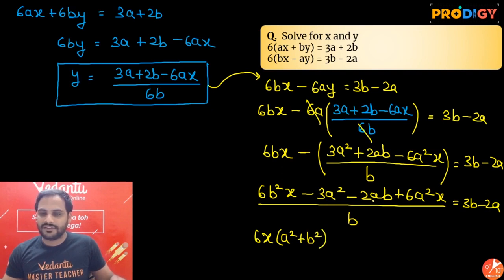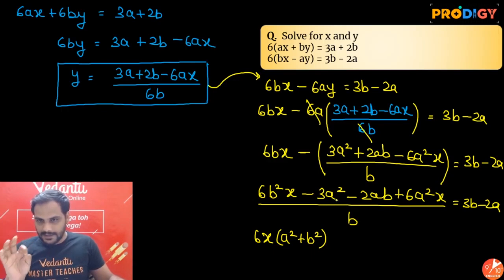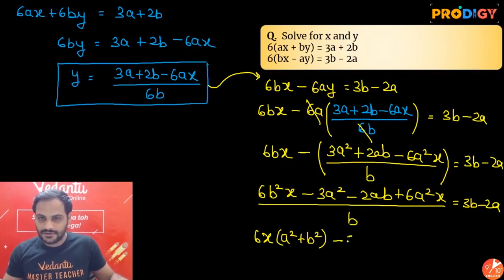Then minus 3a square minus 2ab. If I take a common, I am left with 3a plus 2b, and this b I am shifting over there, so it will be equal to b into 3b minus 2a.